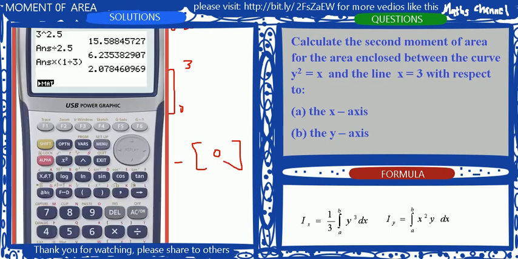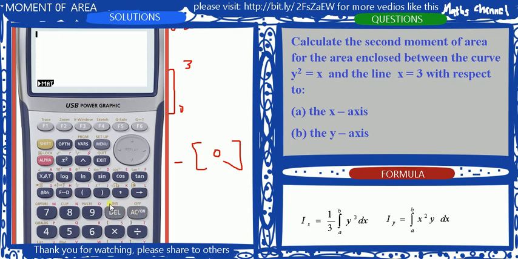Let's check using a calculator. We have 3 raised to 3.5 divided by 3.5, which is 13.361.